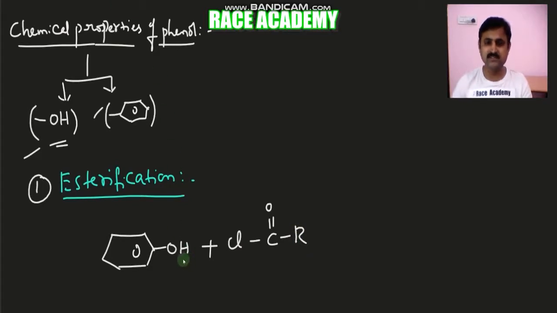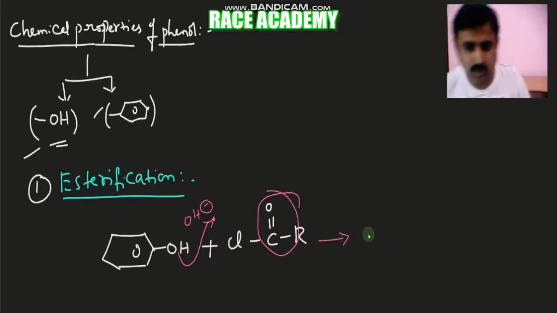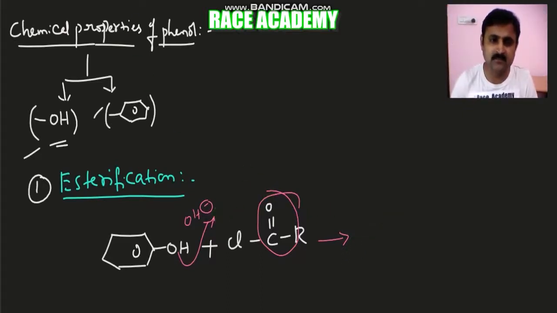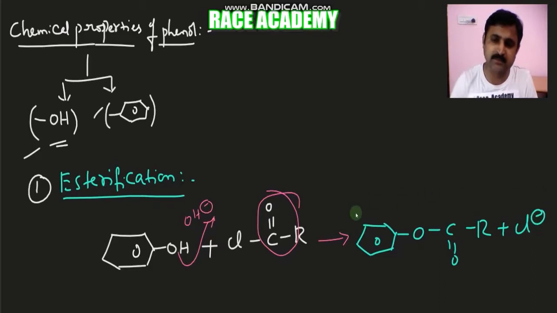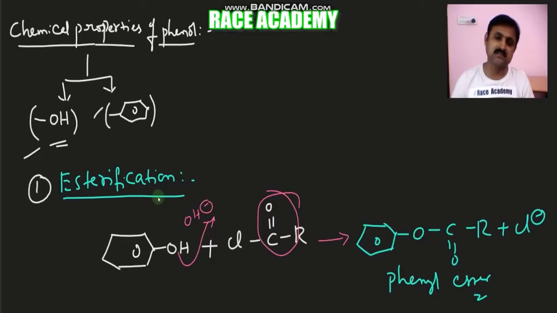Here, the OH minus in the basic medium takes away this H plus ion, and the rest, this acyl group, the alkyl carboxylate group we can say, will be added to this phenoxide ring to get the ester, that is COOR, phenyl ester, plus we get Cl minus separately, and water goes along with that. So this we got as phenyl ester.